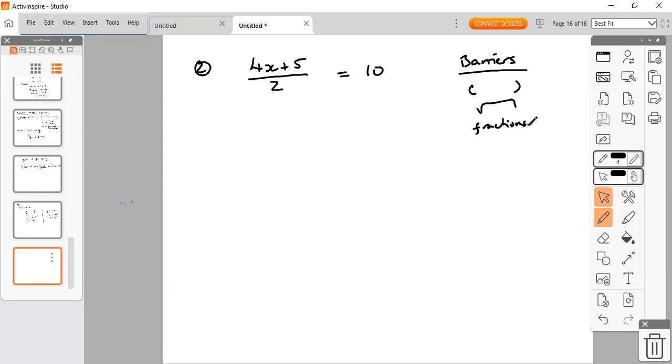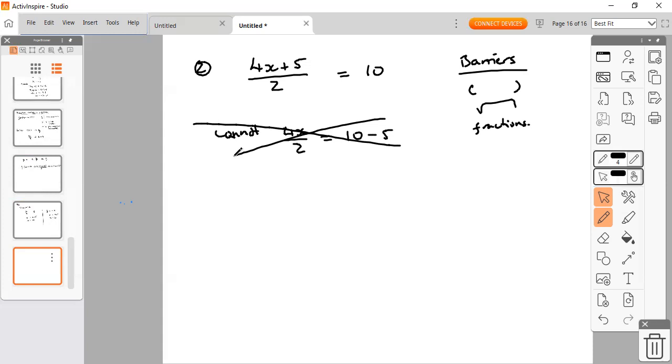In this case, we've got a fraction, a term over a number. We have to remove that fraction before we can deal with the addition. We cannot move that 5 across like that.